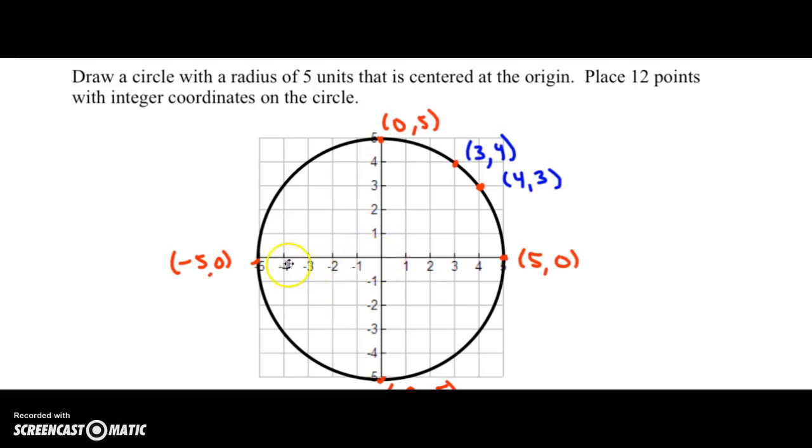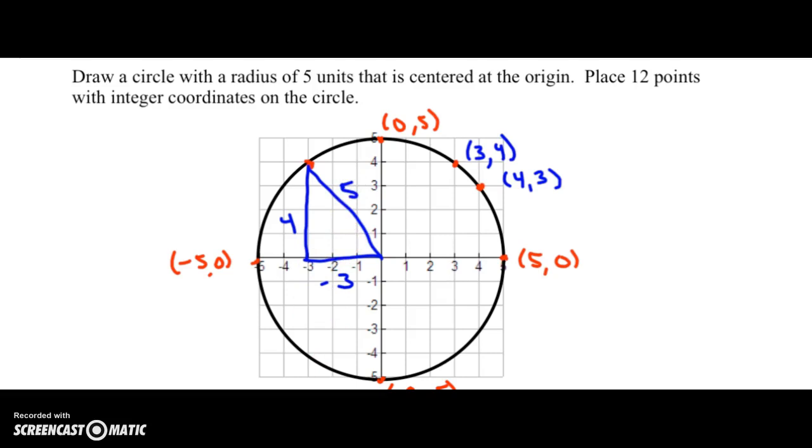Let's see, if I go left 3 and up 4, I'd have a point right here. And that still works because if I take negative 3 and square it, and positive 4 and square it, and add those together, I will get 5 squared.